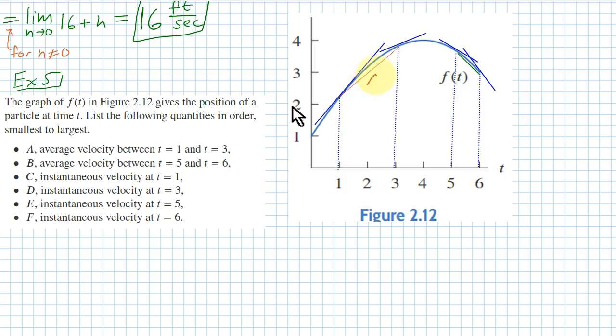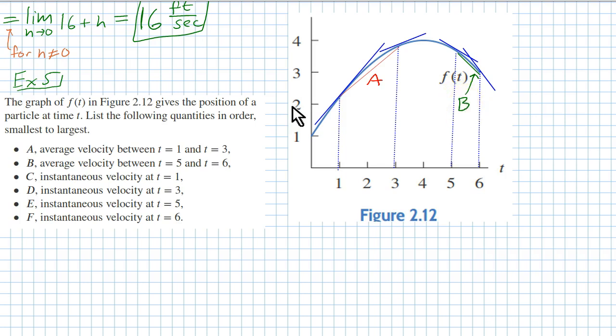So the slope of this is a. B, the average velocity between 5 and 6, is the slope of, I don't know if you can see it, there's a little line from that point right down to that point. So that's the slope between 2 points. You call that a secant line, or an average velocity is the slope of that secant line.